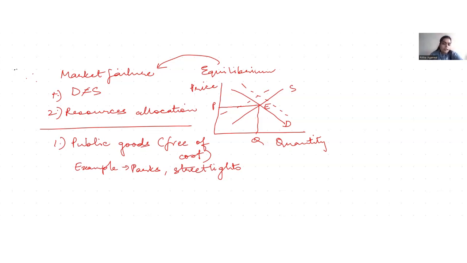Now, why are they considered to be types of market failure? It is because of two reasons. First is non-excludable and the other is non-rivalrous. Can anybody tell me what is non-excludable? Or maybe excludability?